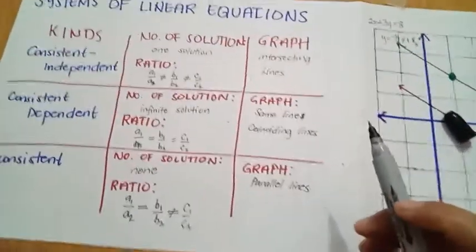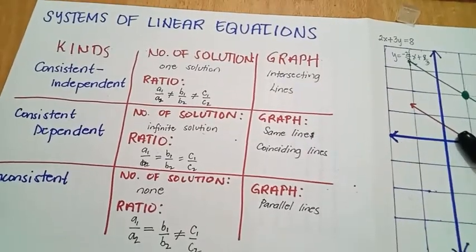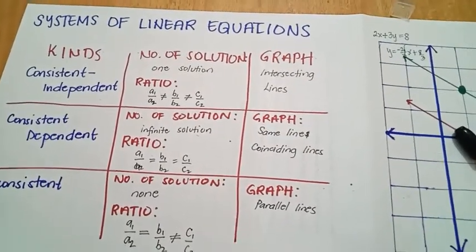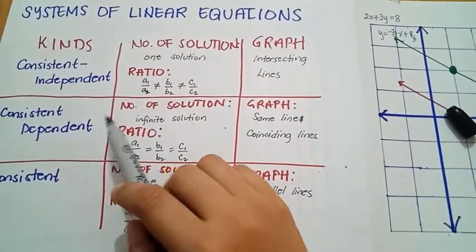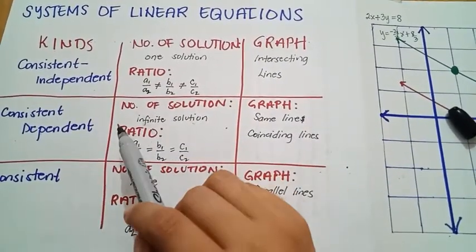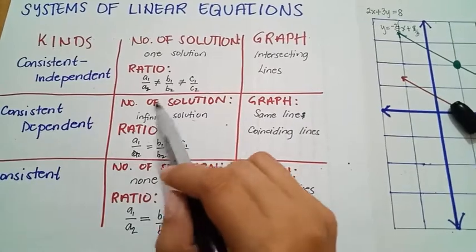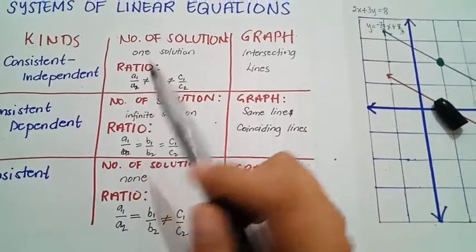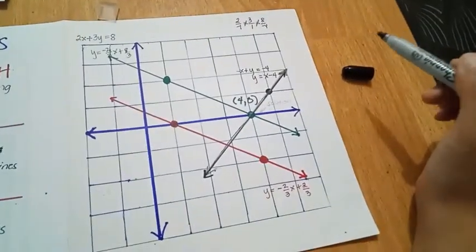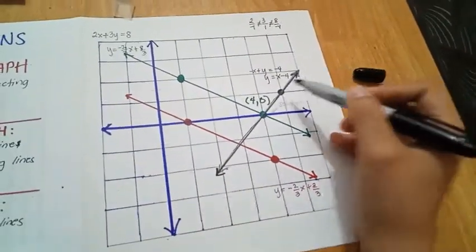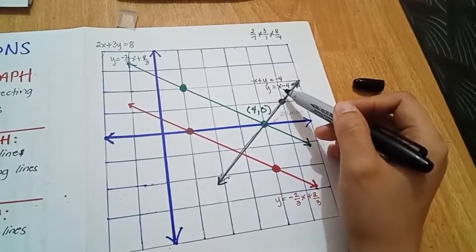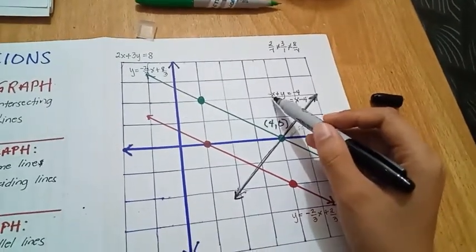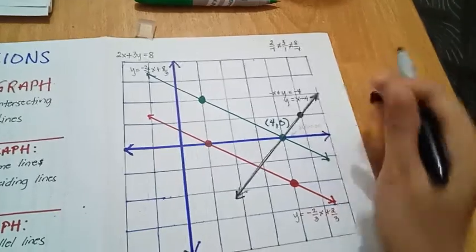Now, for the consistent dependent equations or systems, ibig sabihin nito, may solution pero marami. So, its number of solutions are infinitely many. Okay? So, for example, we have here the equation y equals x minus 4 or negative x plus y equals negative 4.